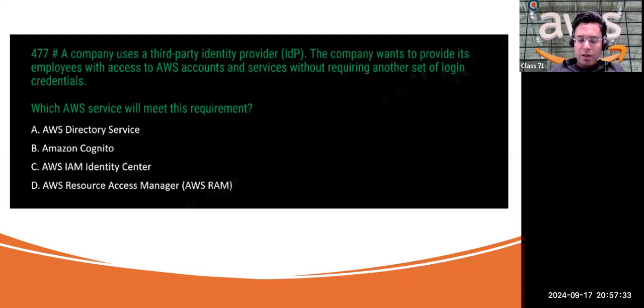I already explained, we have external identities as well in IAM. So you can invite guest users like Facebook users, Gmail users, with the help of Identity and Access Center.